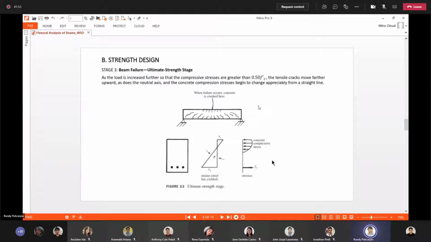And also the stress diagram in our concrete is no longer linear. So it's actually parabolic in shape, no? Parabolic na yan. Okay, yun about the ultimate strength stage. Okay, so yun yung distinct stages ng ating beam at different loading condition.